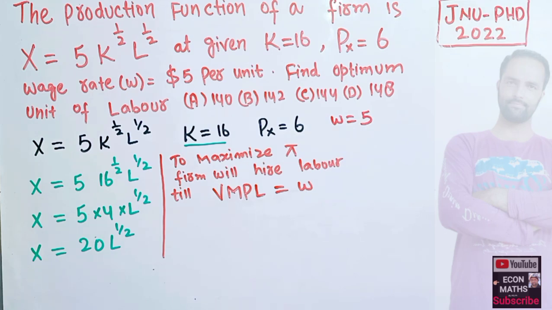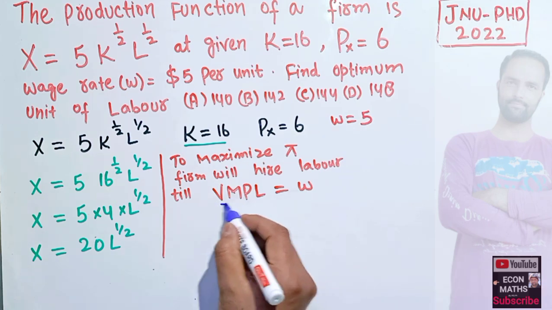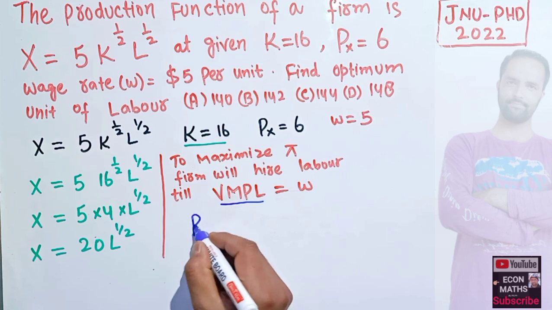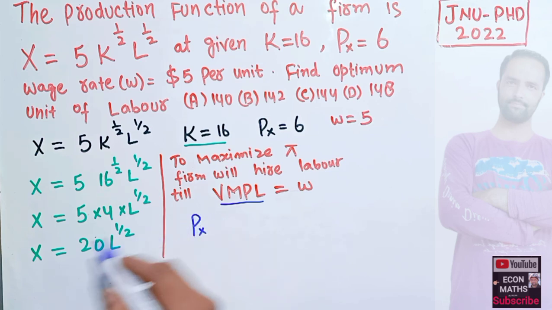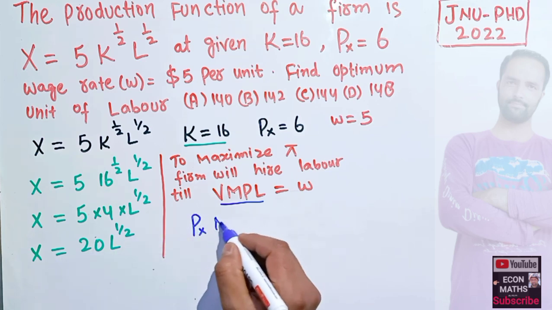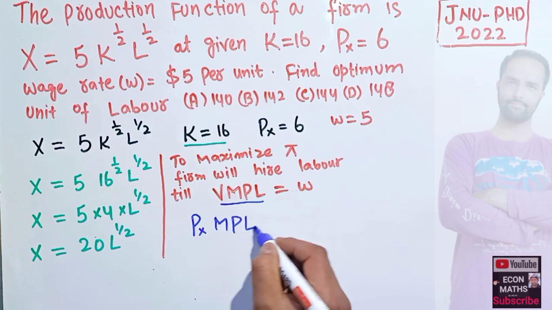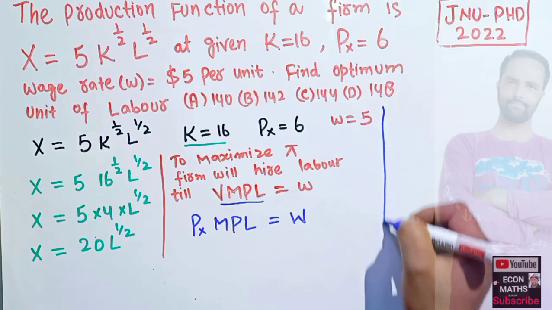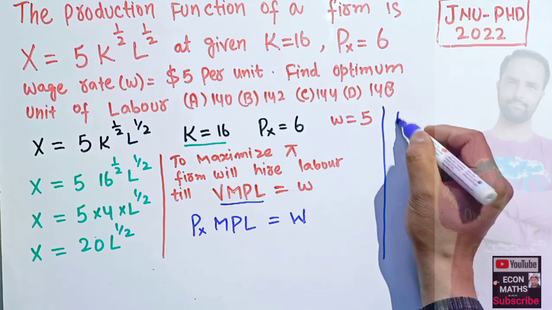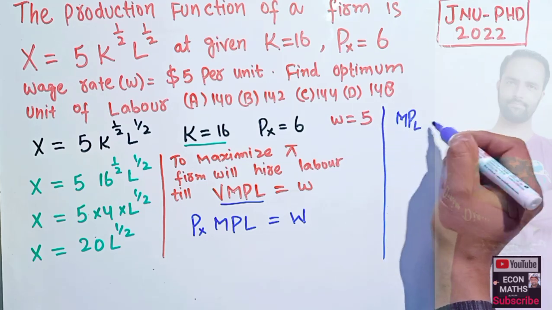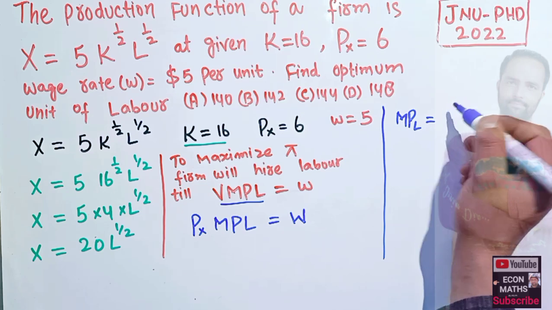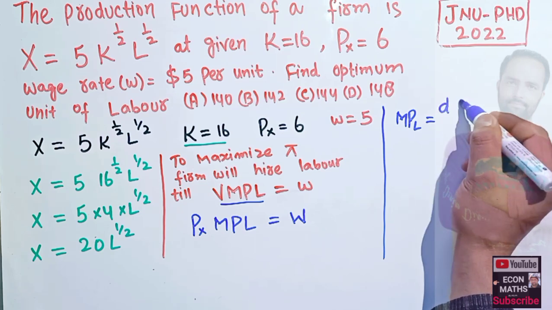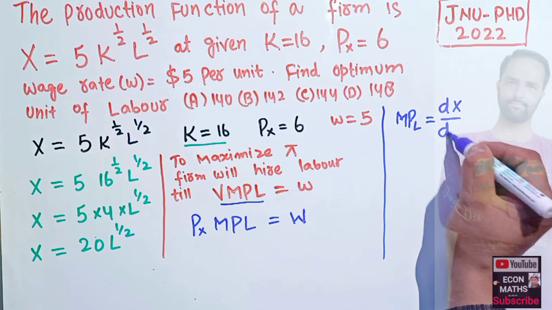Now this value marginal product is simply equal to price of the product times marginal product of labor, and it should be equal to wage rate. So first we need to find out the marginal product of labor. Marginal product of labor will be simply the derivative of production function with respect to labor.